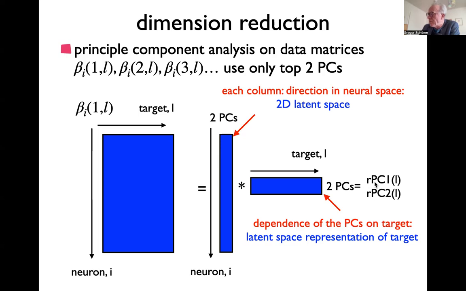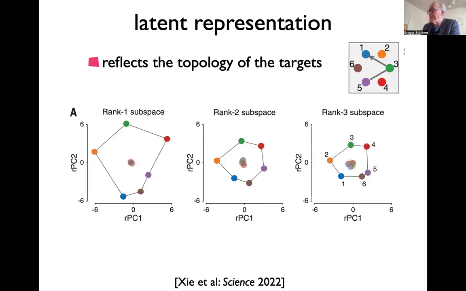They call this RPC1, RPC2 as a function of the target L. That's what they call the latent representation of the target, by these two numbers. So if you visualize that, it turns out that it reflects the topology of the targets. The targets lie in 2D. That's why they chose to have the two PCs. So it's really sort of in that target space.